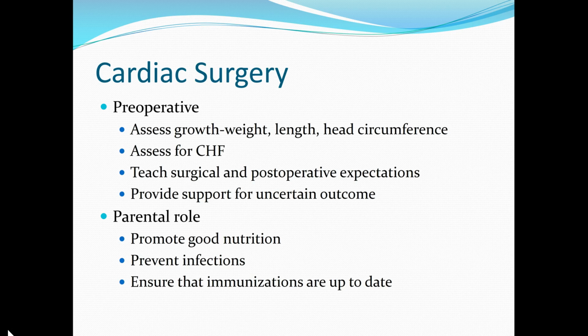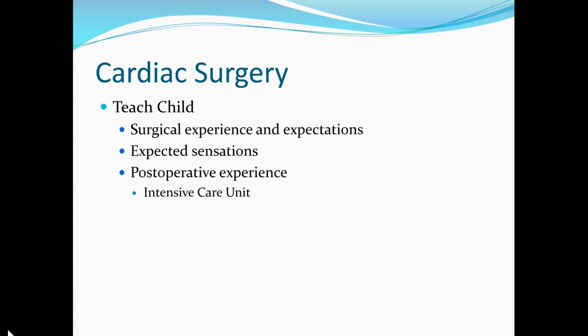They may be in like the 30s or 40s, but if that's where they are and they're staying on that trend, then that's what's important, and the parents are doing a good job. Also, preventing infections is important, because think about how much more stress those infections are going to put on these little infants or toddlers with a heart illness already. And then you can ensure that immunizations are up to date prior to surgery.